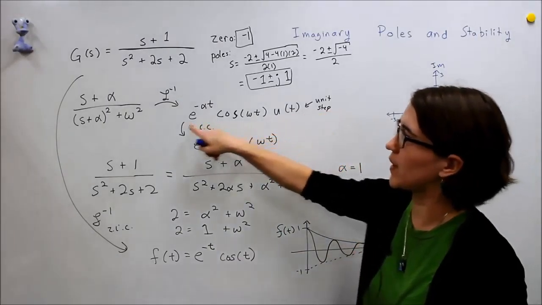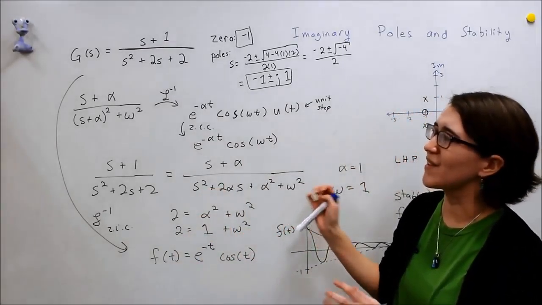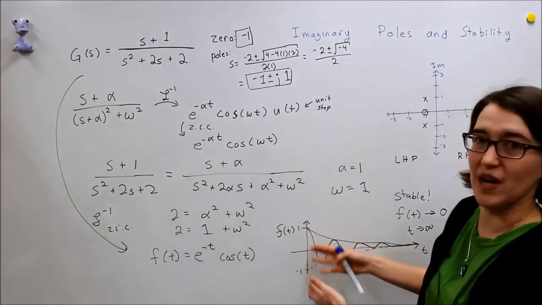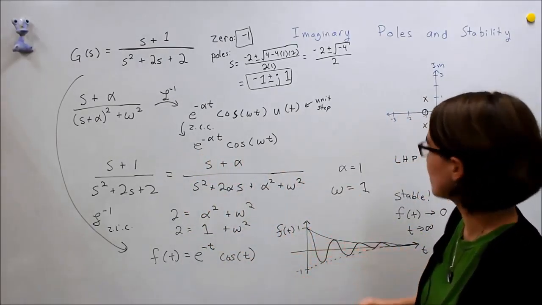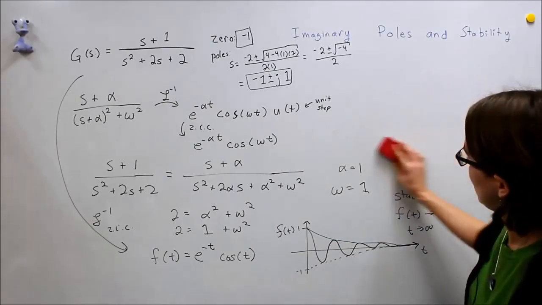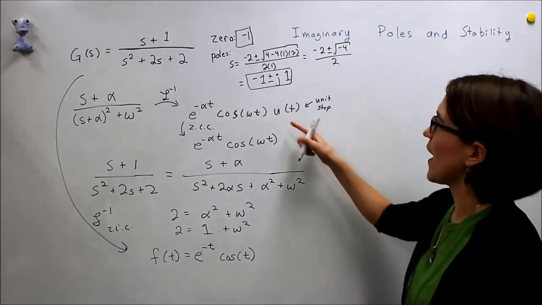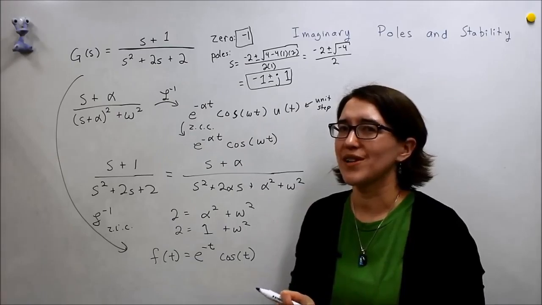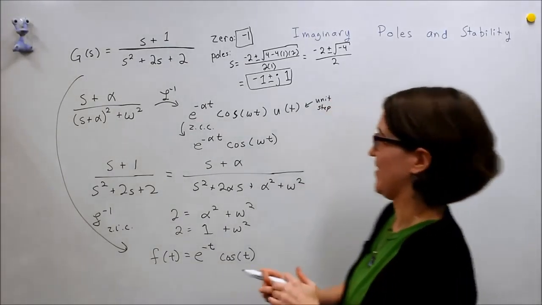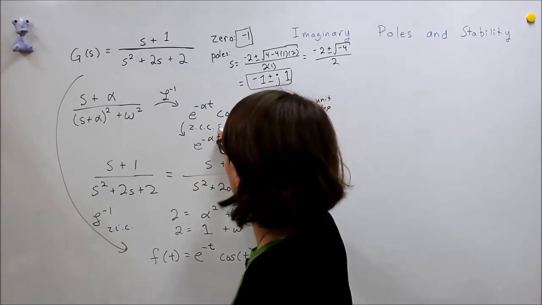When I said 0 initial conditions, I don't actually mean 0 initial conditions for the function, because clearly I've drawn this with non-zero initial conditions. What I actually mean to say is that we have 0 initial conditions as we approach 0 from the negative side.